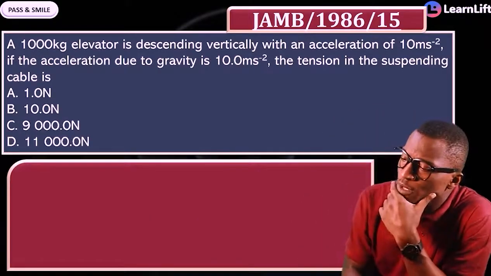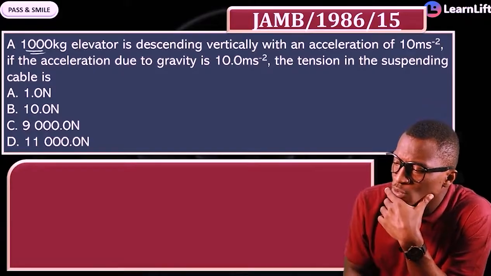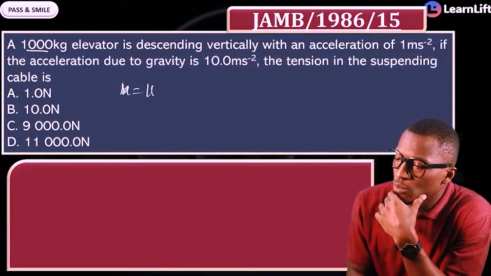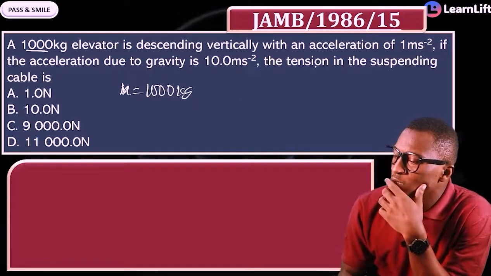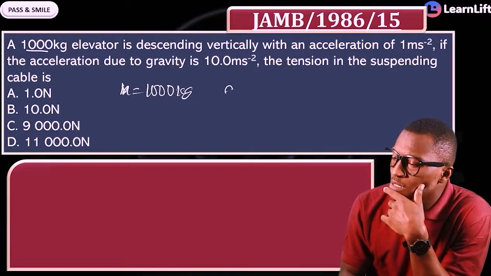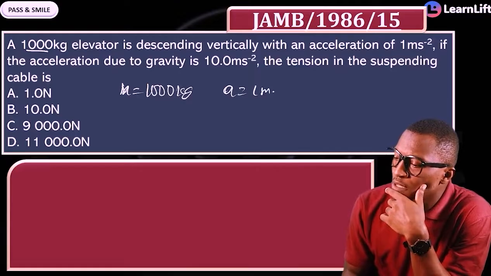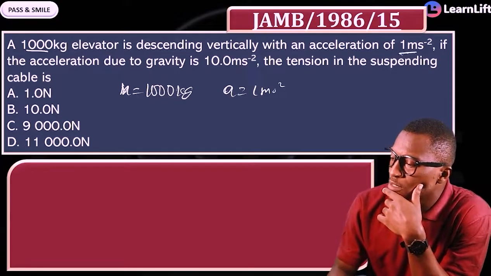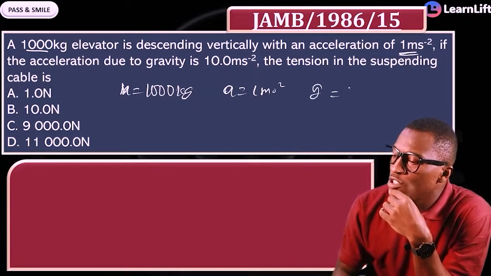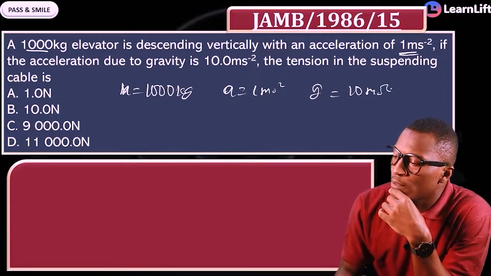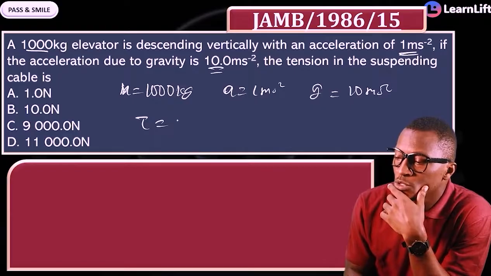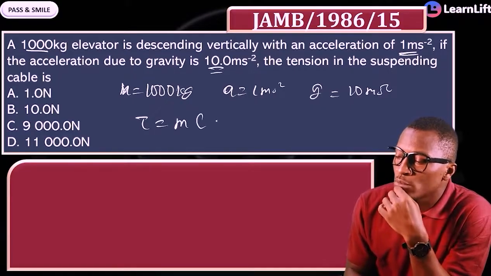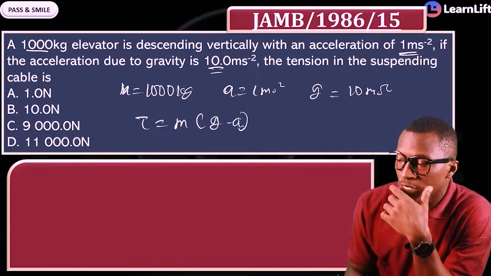First of all, we're given the mass. This is mass, so mass is 1,000 kilograms. We're given what again? We're given acceleration to be 1 meter per second squared. And we're given acceleration due to gravity G to be 10 meters per second squared. So if it's moving downward, the formula is tension equals mass into G minus A. Is that correct?